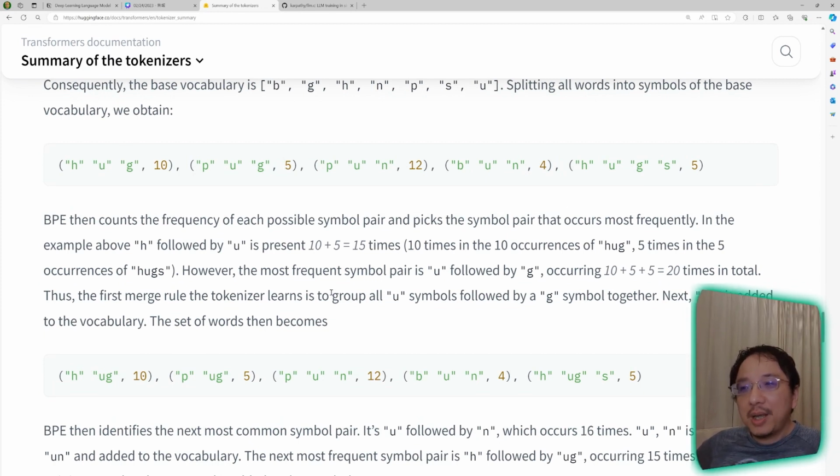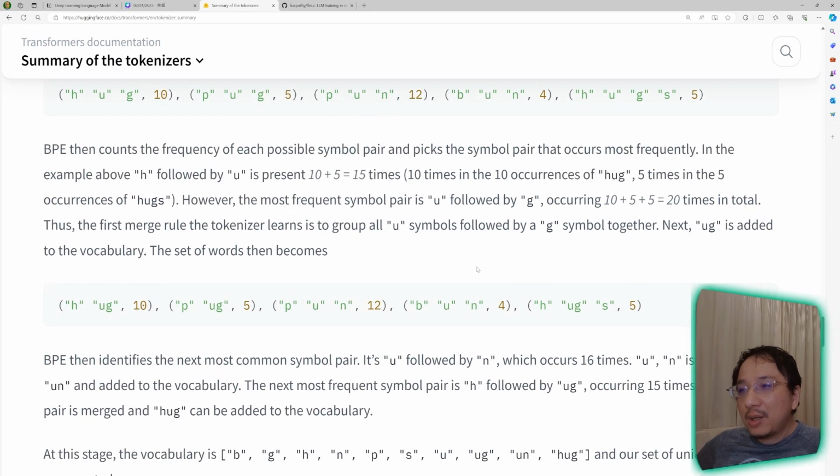It turns out it is the most frequent pair in our data. So we are going to add the combination UG into our dictionary as a new token. So we have a new token UG in our dictionary.